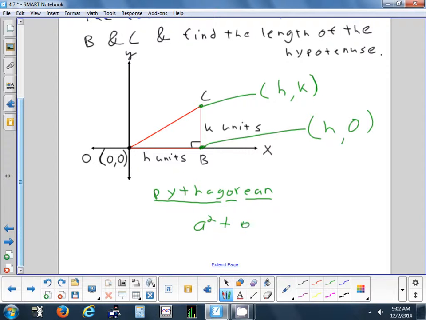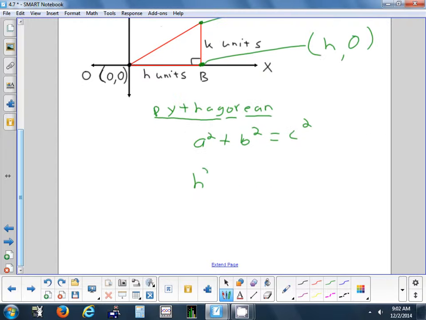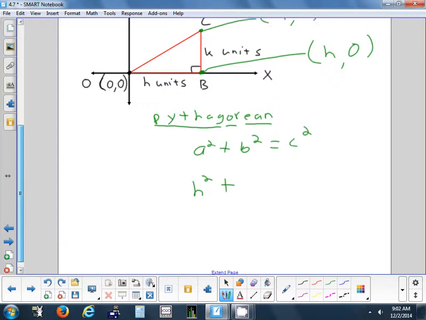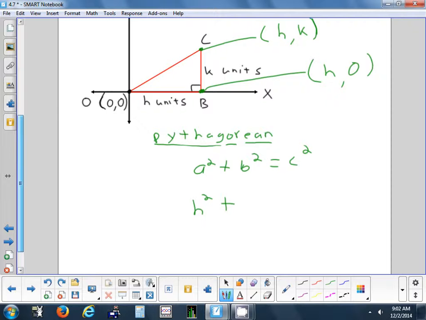Okay, a squared plus b squared equals c squared. So we need the length of our legs, and that'll give us the hypotenuse. What's the length of one of our legs? H. Yep, so we have h squared. What's the length of my other leg? K. And do I know the hypotenuse, or is that what I'm finding?